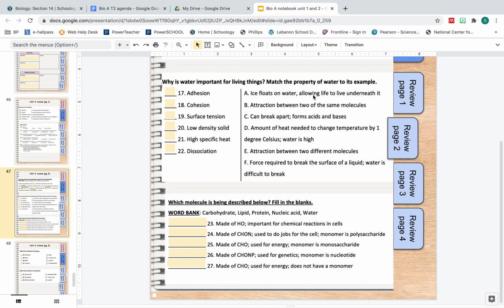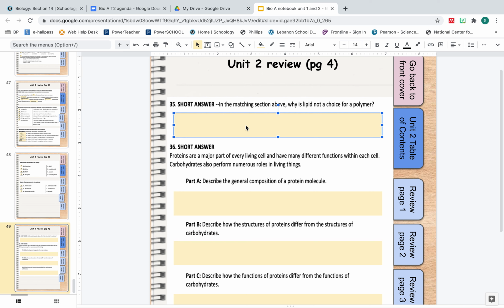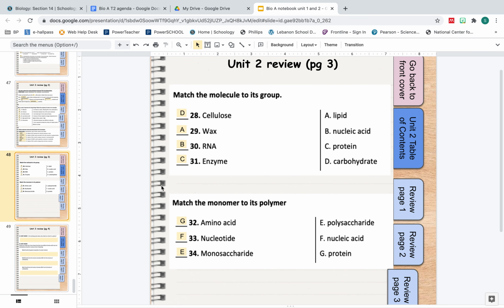All right, let's go to those short answers. In the matching section above, why is lipid not a choice for a polymer? Look back here. Lipids not a choice in this section. Why not? Because, scroll back up here till we find lipids. They don't have monomers and polymers.